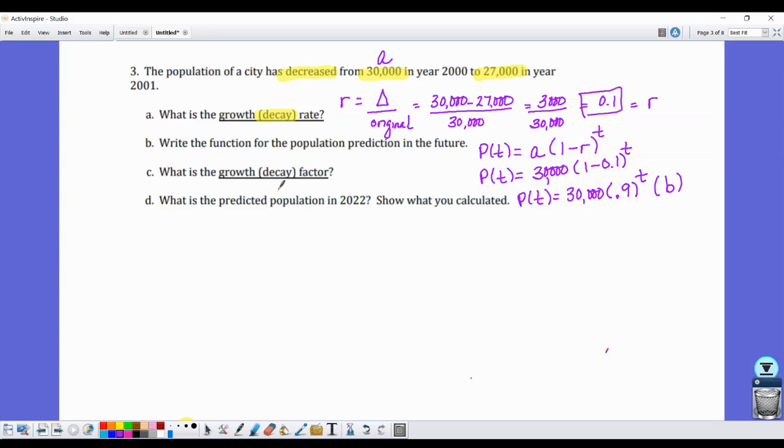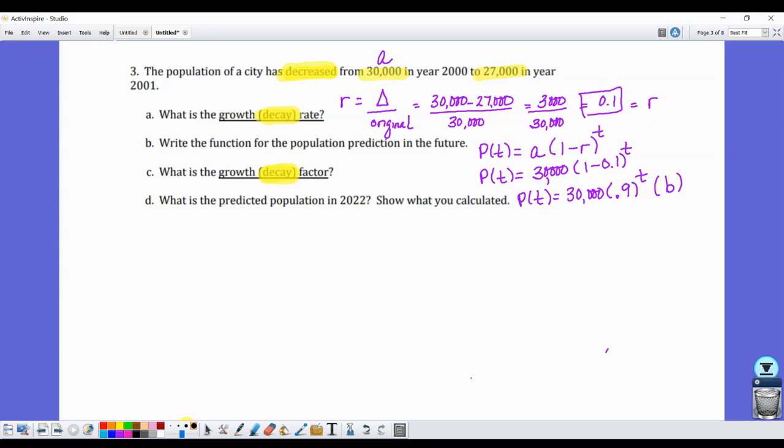What was the growth factor? Well, growth or decay factor. In this case, we're going to be looking at decay. We already said it was going to be decay because we were decreasing. The decay rate ends up being 1/10.